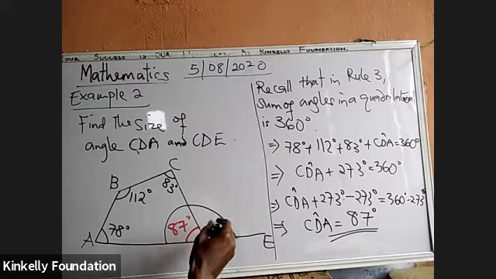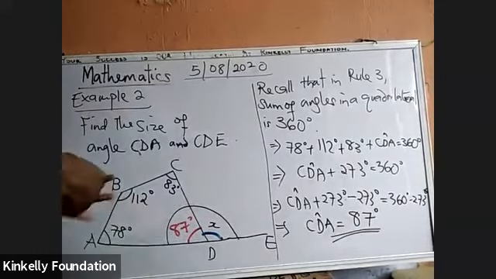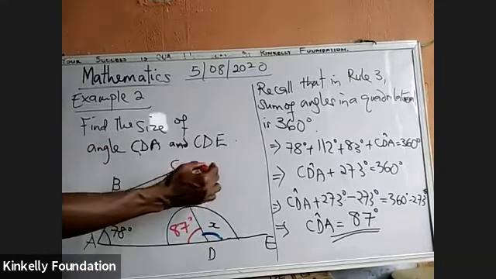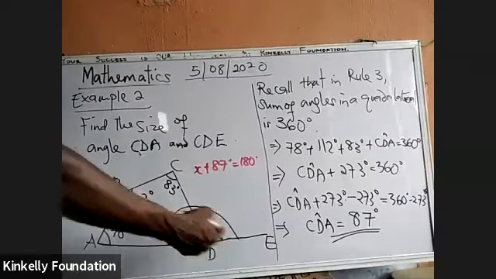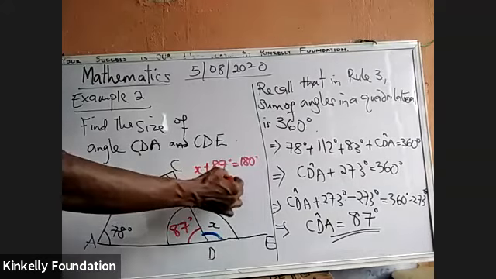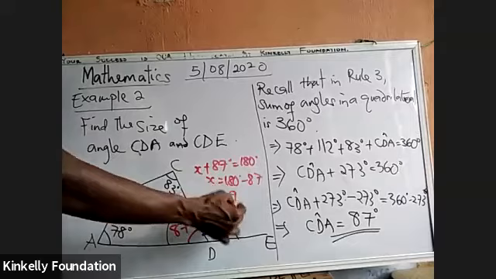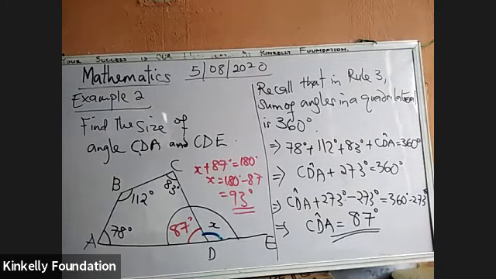If this one is x, then x plus 87 is equal to 180 degrees because these are angles on a straight line. So x will be 180 minus 87, which gives us 93 degrees. So that's how to get that.